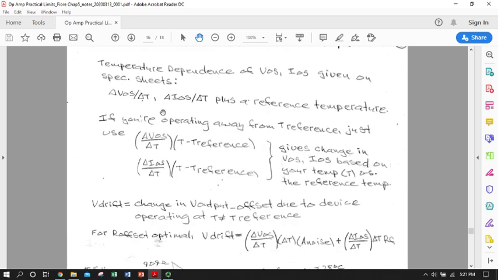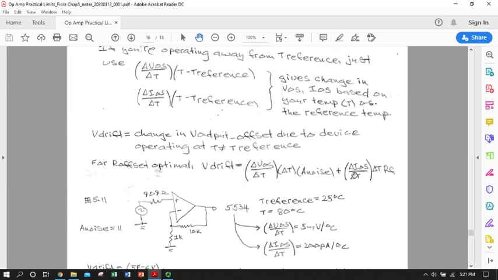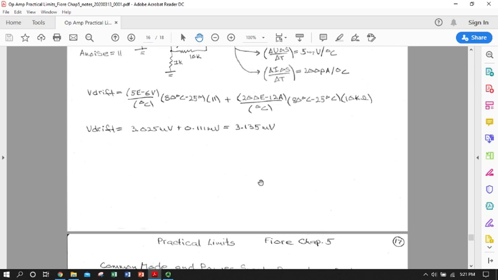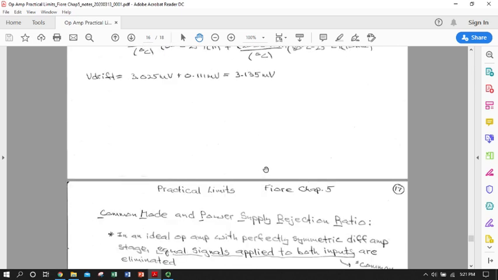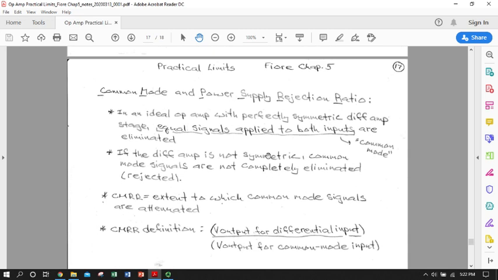But if you do and you change temperature, you'll have this V drift that is due to the fact that your VOS and your IOS change with temperature, and now your nulling is no longer going to take care of it all. And in this case, this number was reasonably similar to what we got in the first place for an output offset voltage. So very bad for small signals.